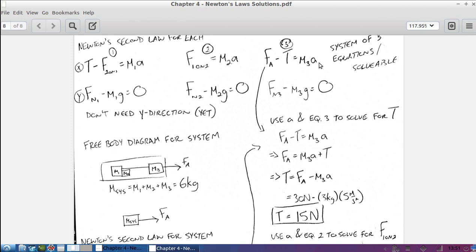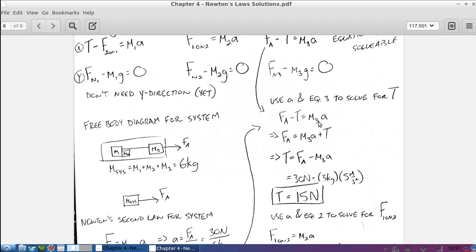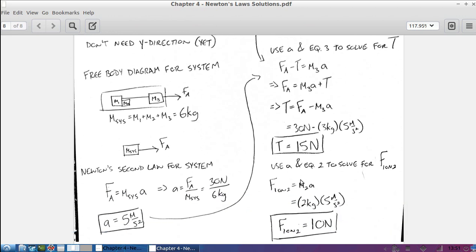Add T to both sides, subtract M3 times A from both sides. So I've got T by itself. It's the applied force minus M3A. Again, I know the acceleration of the system, the mass of the 3 kilogram block, we were given the applied force, and I can solve for the tension.